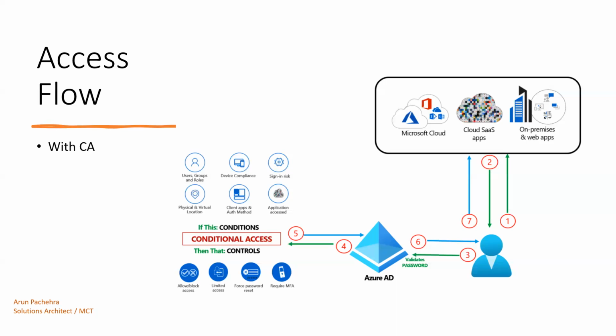So the point is, it is exactly the same till here, but these conditions are applied and Azure has to validate against them. A very simple example is, let's take the user location. If the user is accessing that particular application not from the office but from somewhere else, conditional access says, if it's not the office network, then allow, but require MFA.